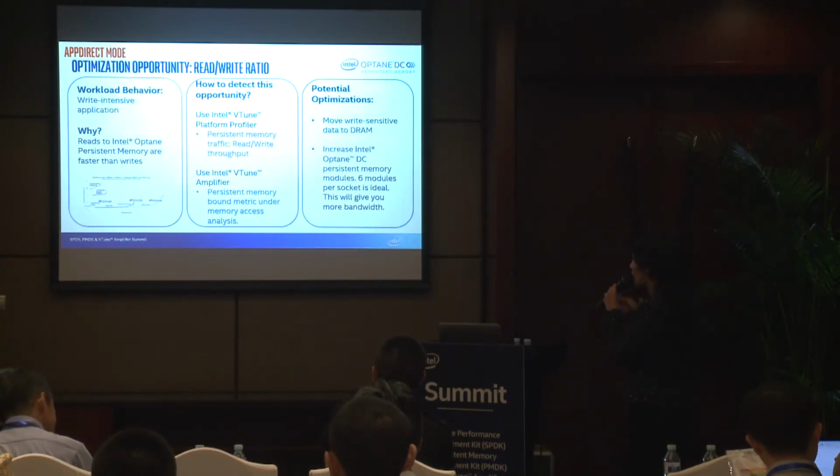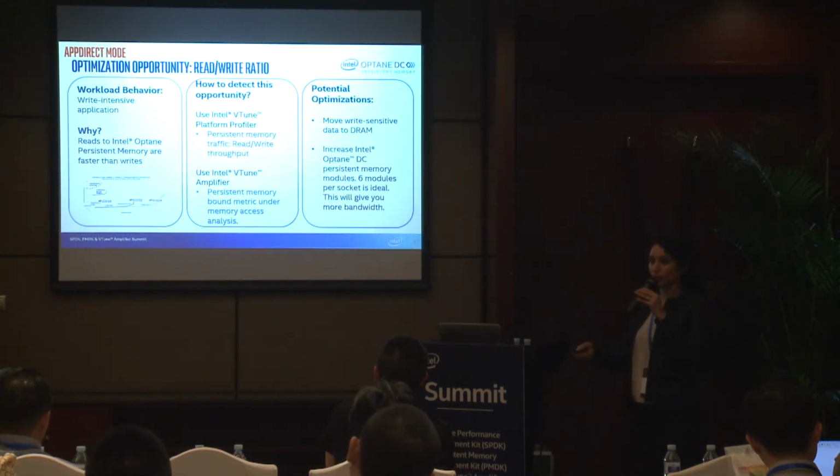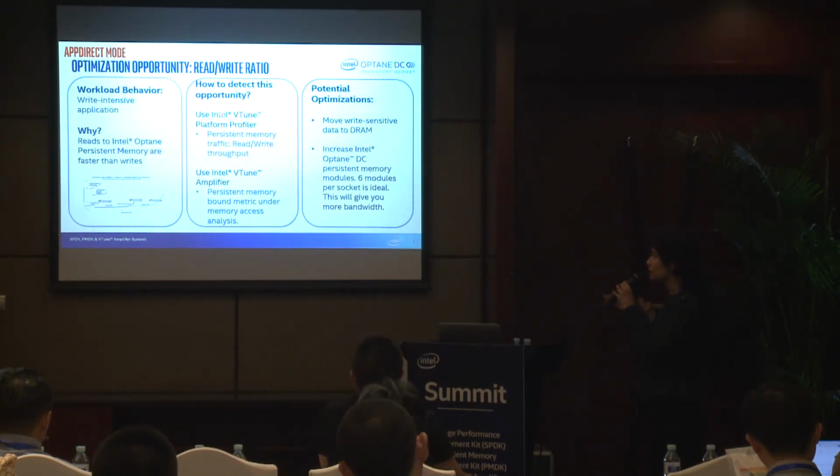And you can detect this issue, or what we want to call an opportunity here to optimize your application for this case, using either the VTune Platform Profiler, where we have the persistent memory traffic read or write throughput metric, or the Intel VTune Amplifier persistent memory bound metric under memory access analysis.